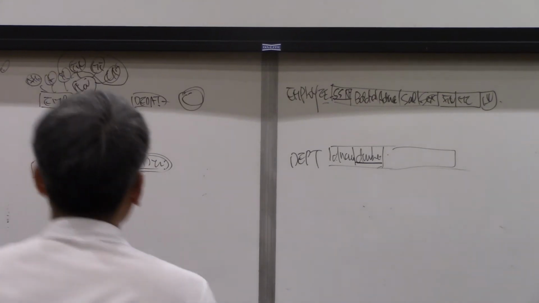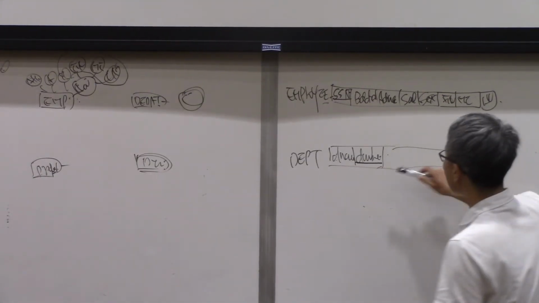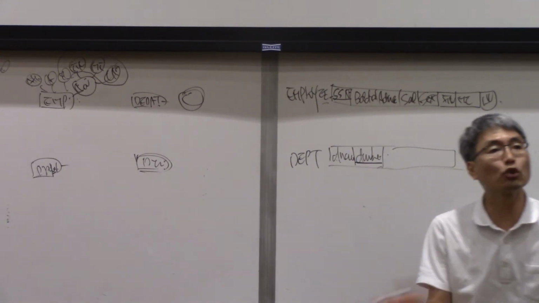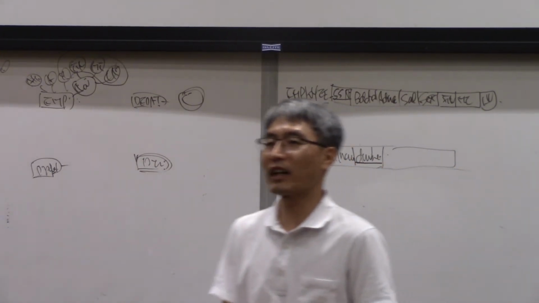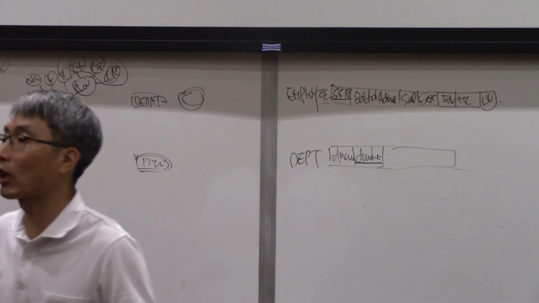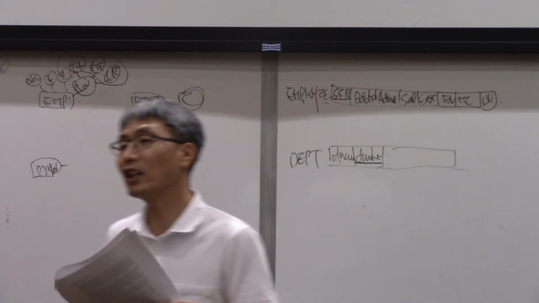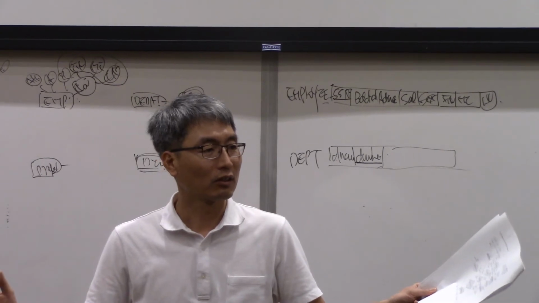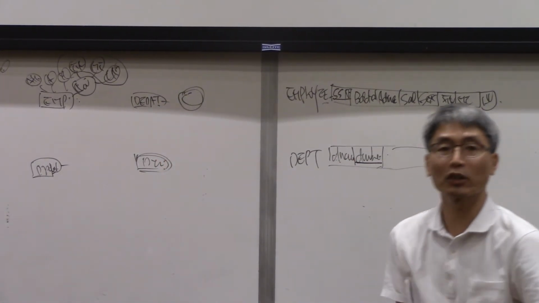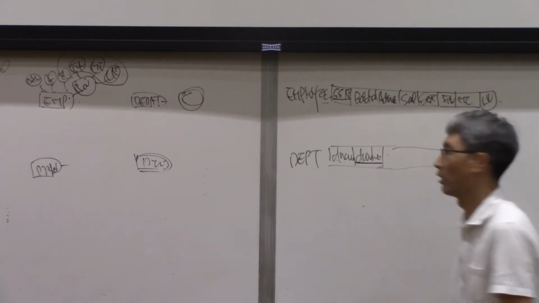Similarly, if there is the D name, so there's no D number. D name is unique, but name is like the 100 byte. Or sometimes you can have the composite key. Composite key is too big, too long. Instead, you can intentionally create the key, like the D number or something.